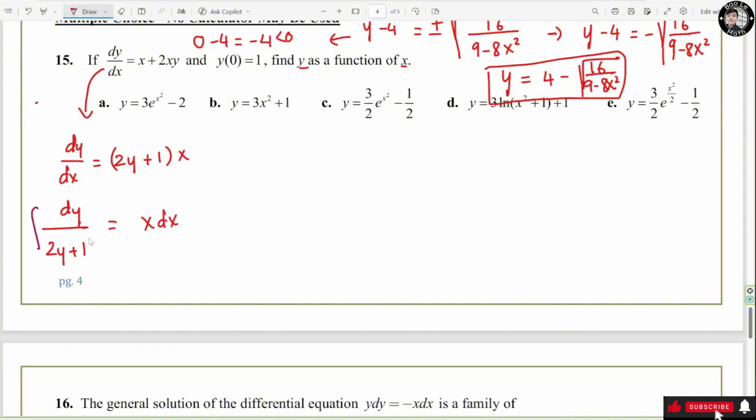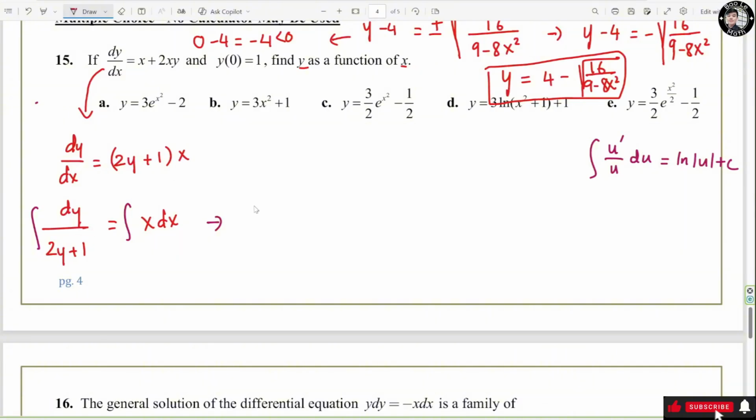Now I'm going to integrate both sides. I'm going to apply the formula: the antiderivative of u prime over u du is ln absolute value of u plus c, right? In order to apply this formula, I need to rewrite the left hand side.